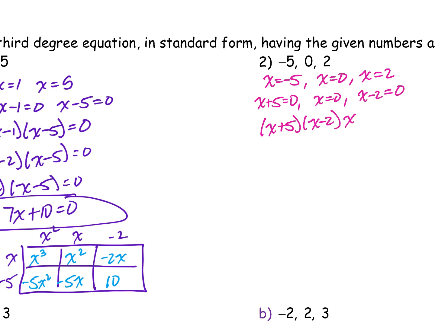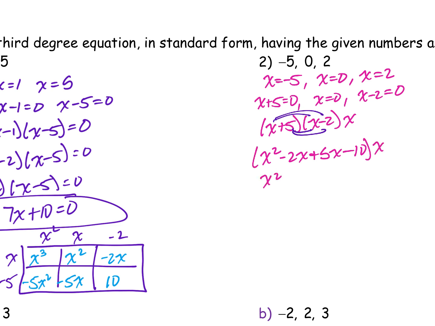Okay, so I'm going to multiply again. This one will be a little easier multiplication. Let's see. So again, I'm just going to do the FOIL method. So I've got x squared minus 2x plus 5x minus 10, and then times x.